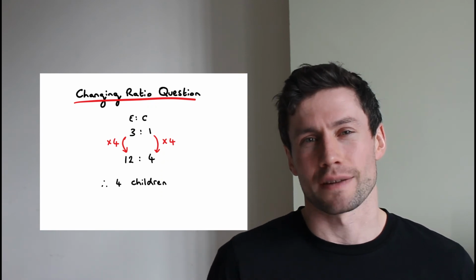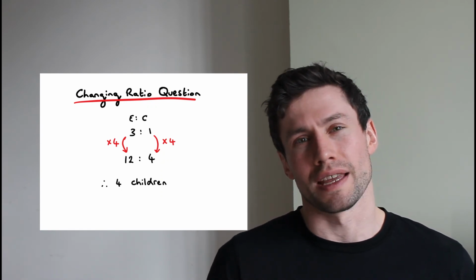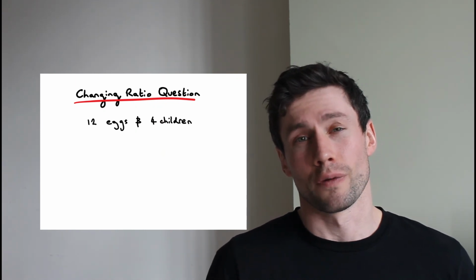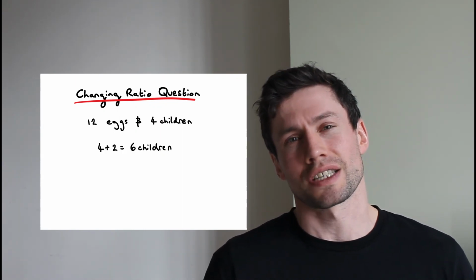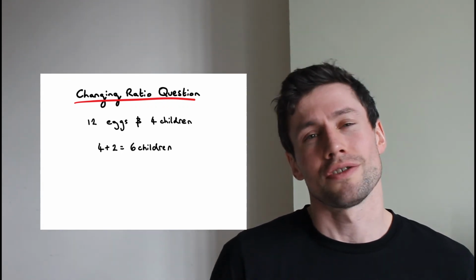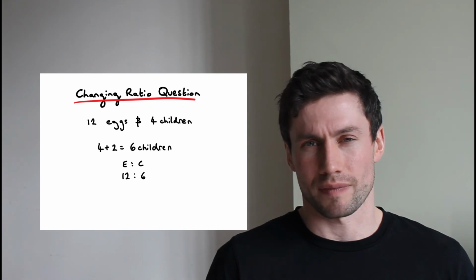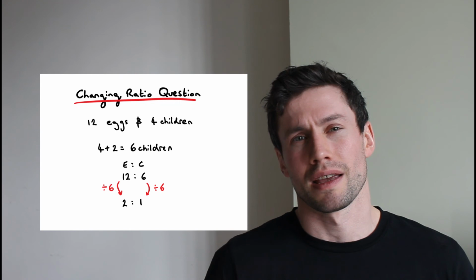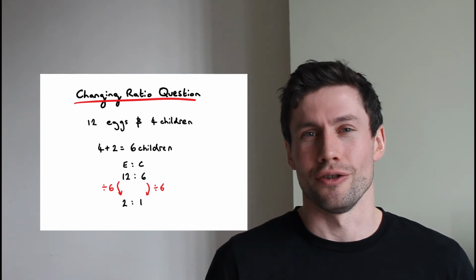We now have the exact values for both of the amounts, and we can then add on our 2 children to the 4 children to see that there are now 6 children, but there still are 12 eggs. We create this new ratio of 12:6, and we simplify it down by dividing both sides by 6, giving us the ratio of 2:1 for eggs to children in our new Easter egg hunt.